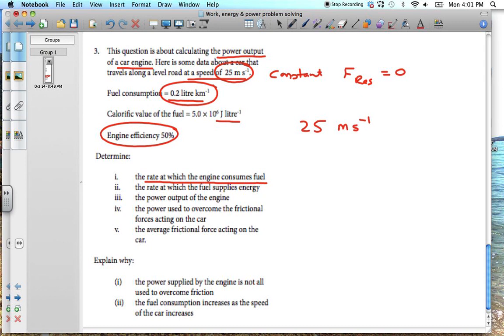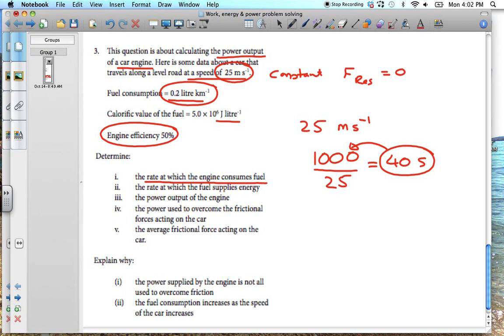Therefore, to go 1 kilometer, which is 1,000 meters, I divide that by 25, and that is going to be 40 seconds. So every 40 seconds I travel 1 kilometer and therefore use 0.2 liters.